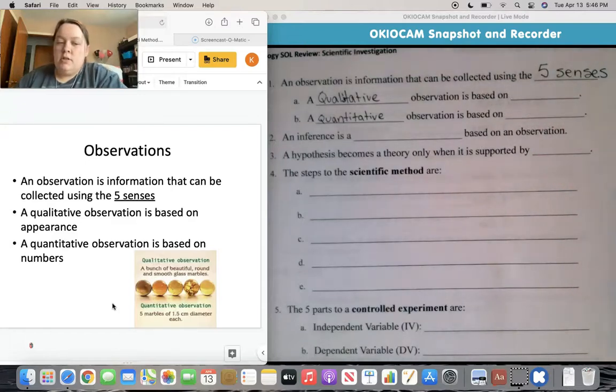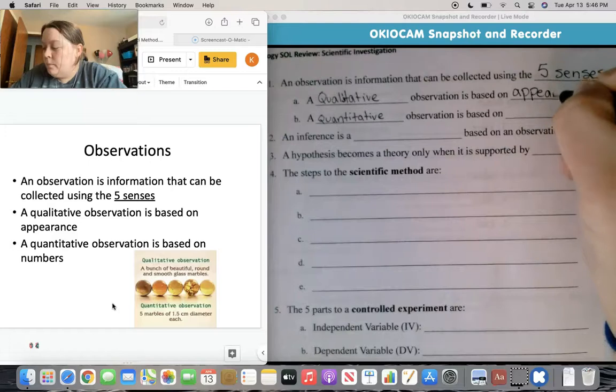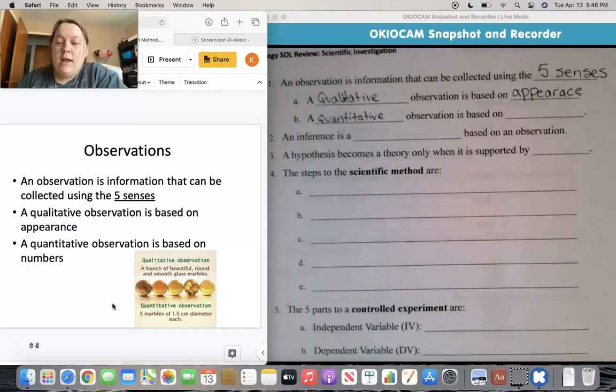Qualitative observations are based on appearance. This could be color. It could be texture, whether something's wet or dry. So when you walk into your biology room and you see that the walls are green, that the tables are black, that the counter is rough, or the rock is smooth.